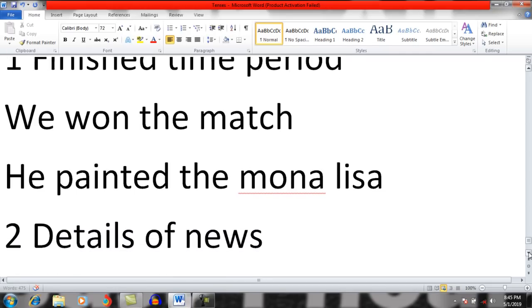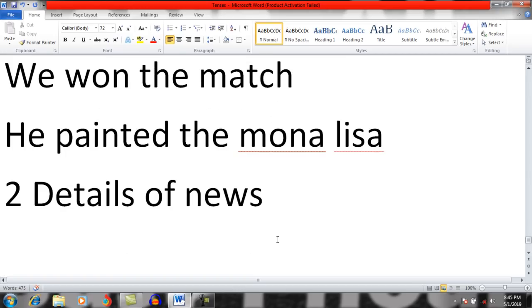The second situation where we can use past simple is details of the news. Whenever something happened and you are going to express the details, we can write in past simple, or we can write stories in past simple. We mostly use past simple whenever we write stories.